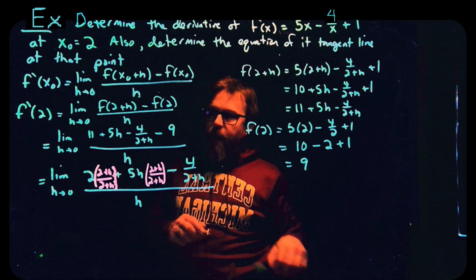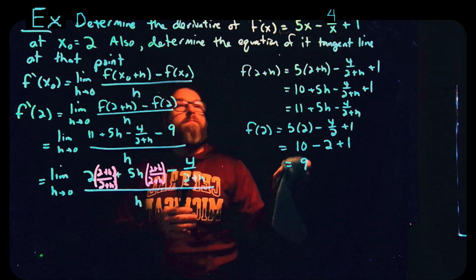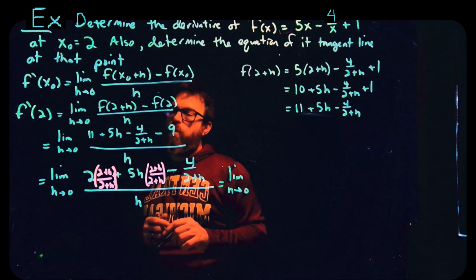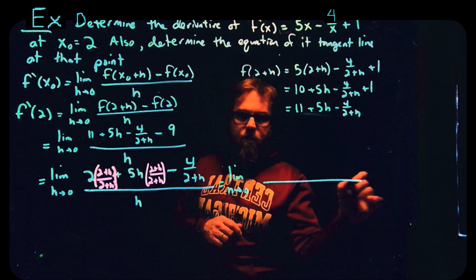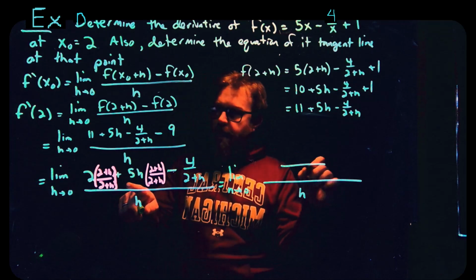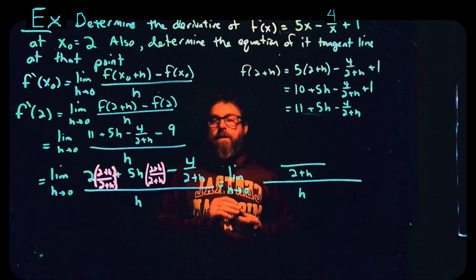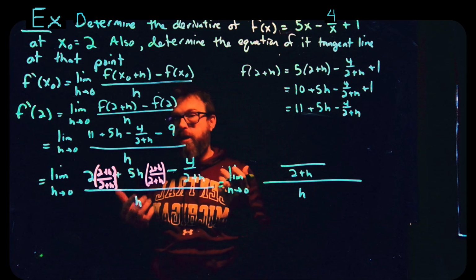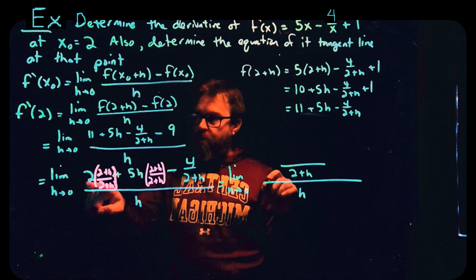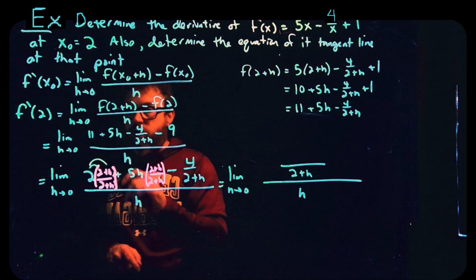Now, when you're adding these fractions, this is all going to be over h still. But when I add these three terms, I'm going to have a 2 plus h in the denominator, because we know when we add or subtract fractions that the operation happens in the numerator, and you keep that common denominator. So this new numerator is going to be 2 times 2, which is 4, and also 2 times h.